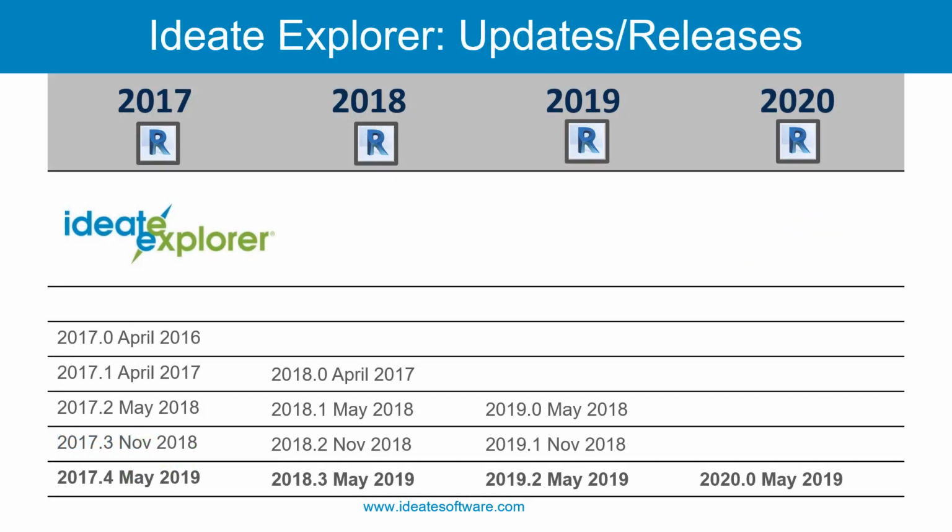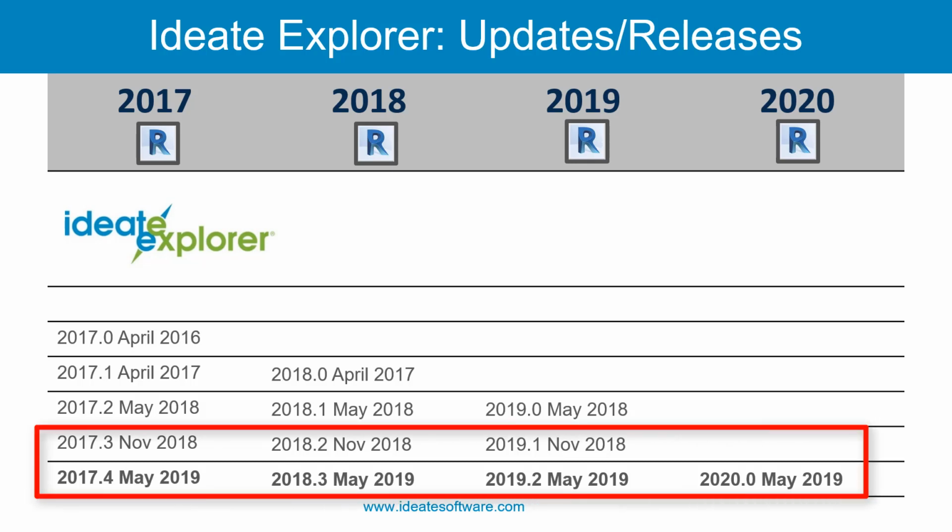The May 2019 release of Ideate Explorer impacts versions for Revit 2017 through 2020, as shown here. Remember to update your existing versions to access these improvements. This video covers improvements made to both the May 2019 and November 2018 updates.